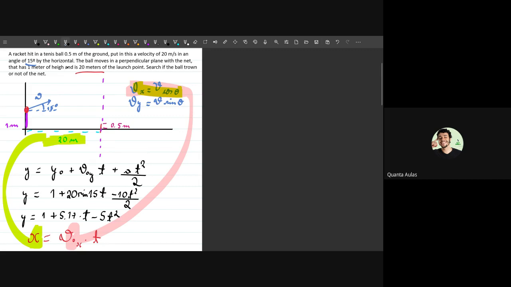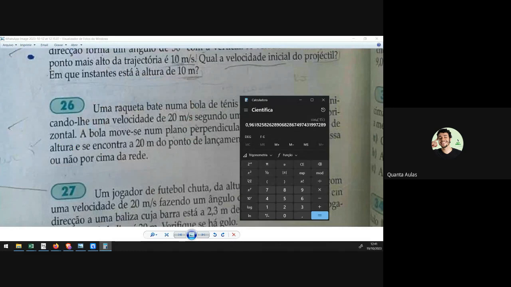You can use the decimal form. If you put it in your calculator, for example, 0.96. Okay. So 20 times 0.96. Yeah. So you use this.